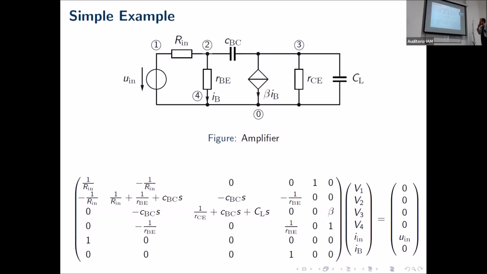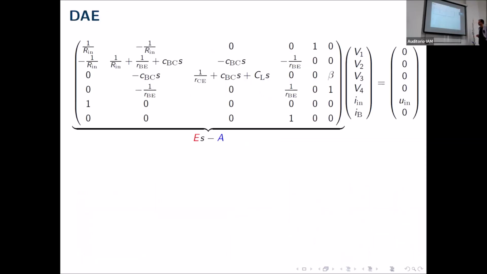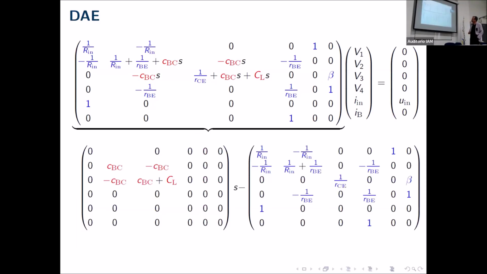So now we look at this matrix here, and I want to write it in this form. Now lambda is S. I colored all terms with S, and in blue all terms without S. That's the form.